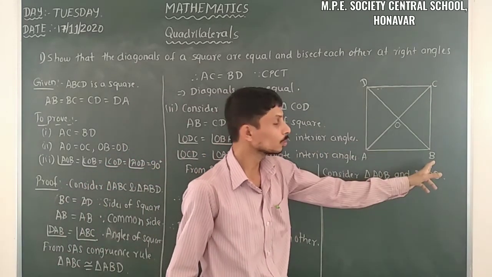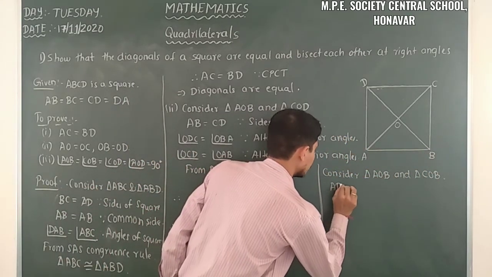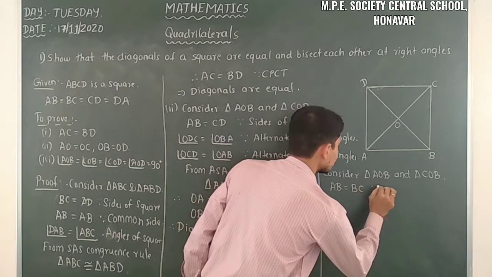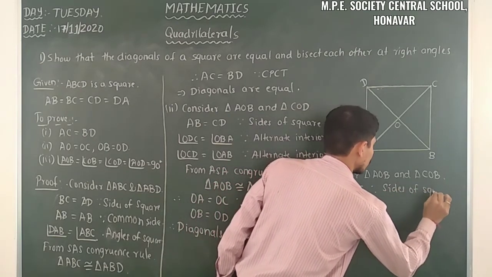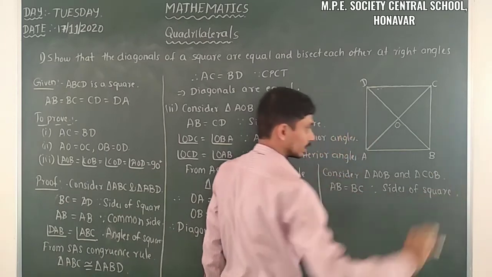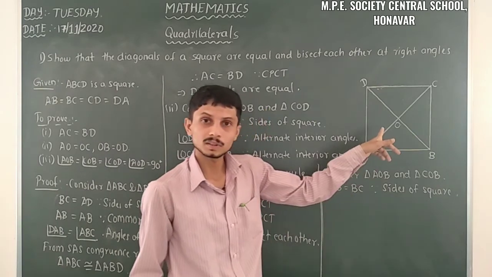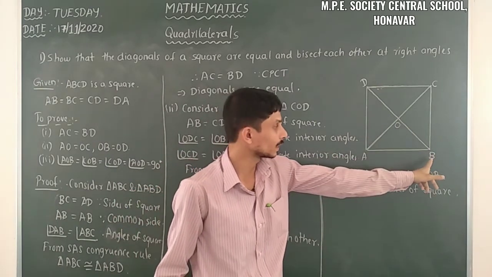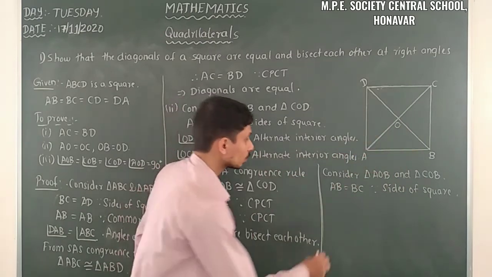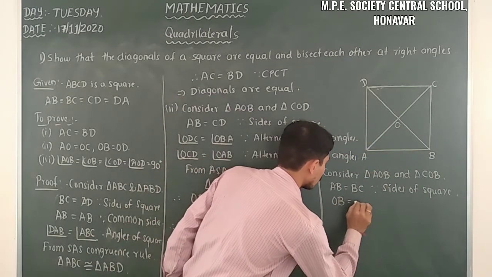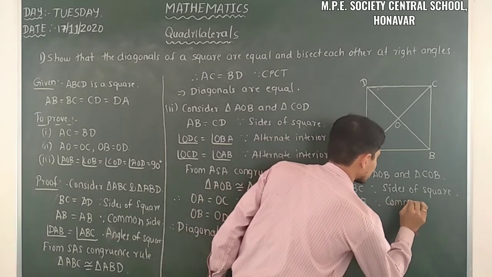AB is equal to BC because they are sides of a square. Then what are the other equalities? Just observe OB. OB is common to both triangles, so OB is equal to OB because it is a common side.